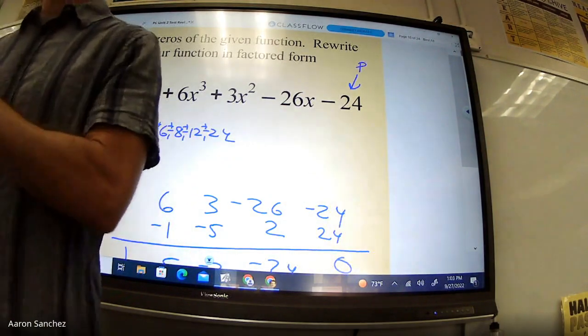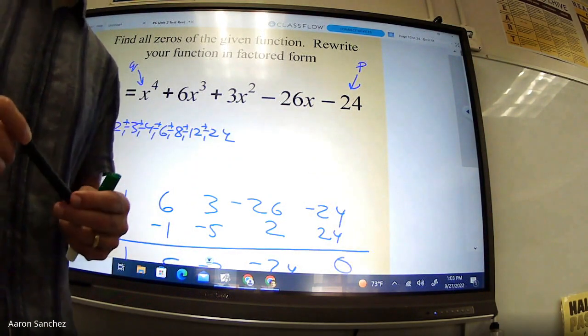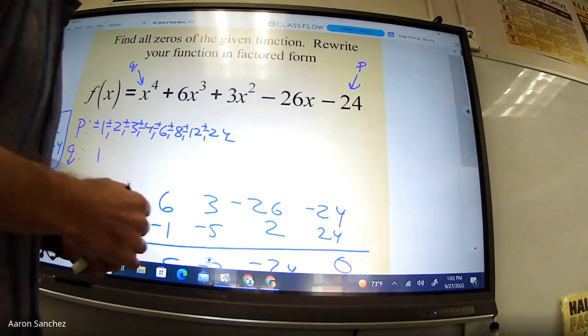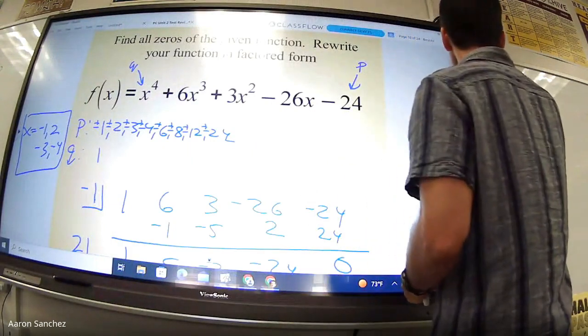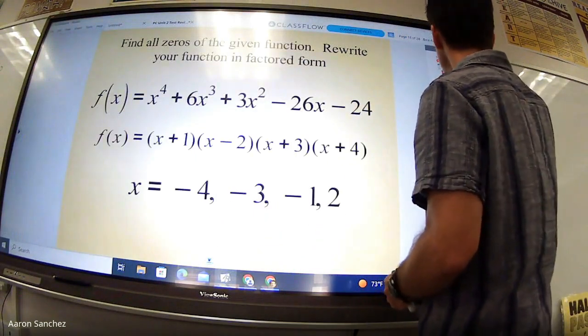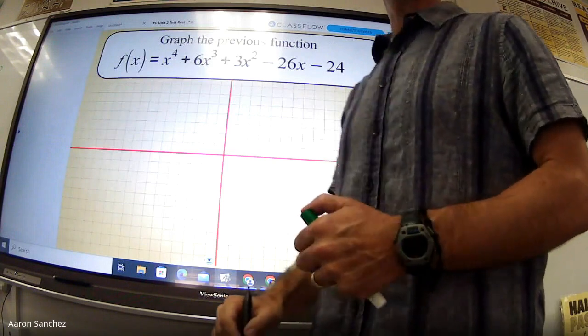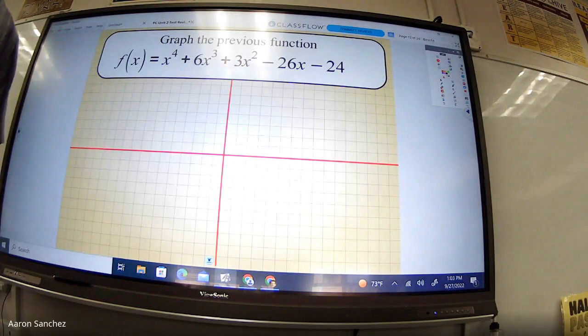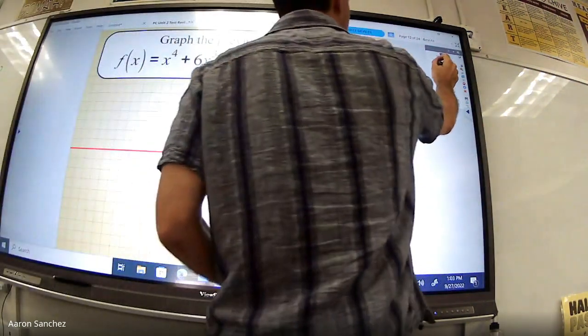But why did I write it in factored form? Because the next question asks us to graph it. I'll go back. Back to what part? This one right here?